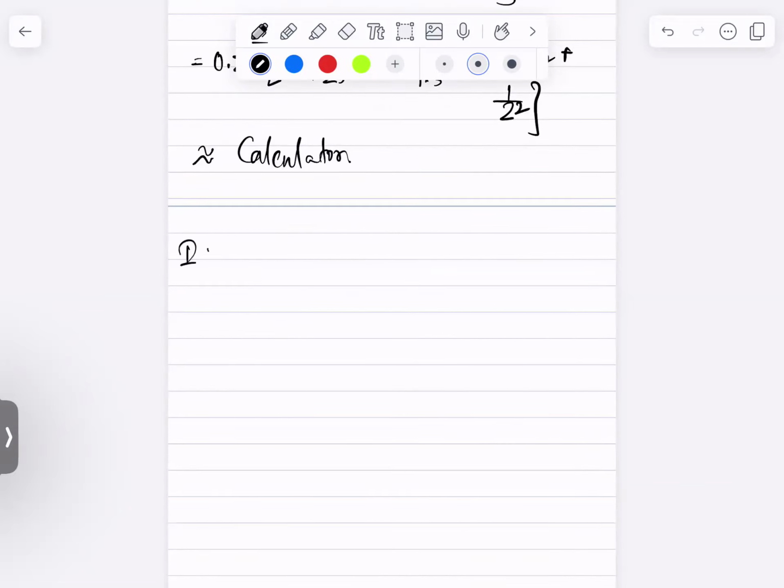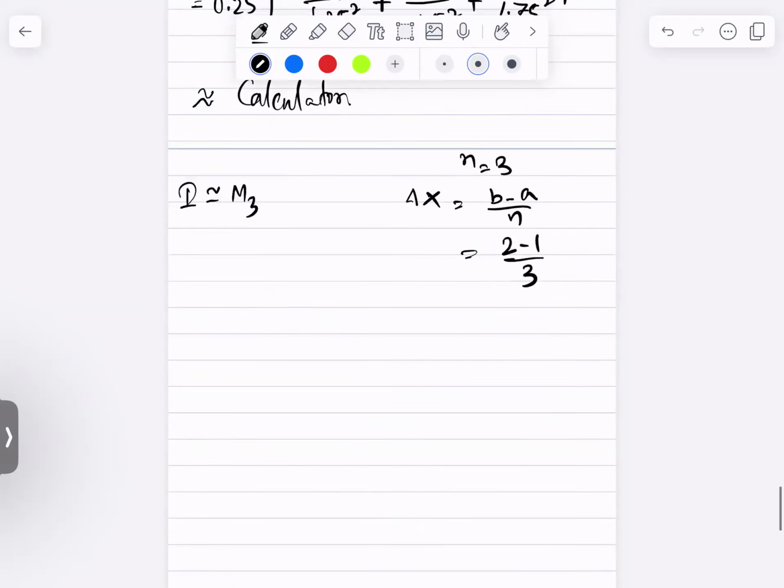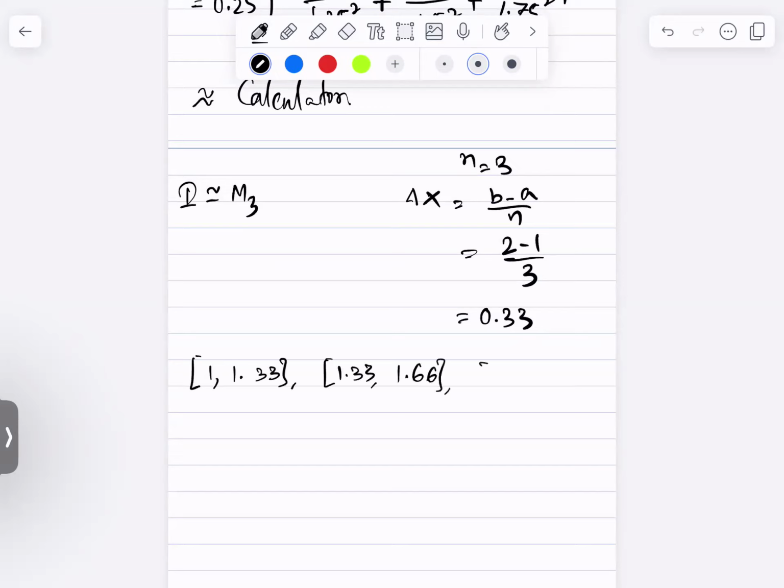For the midpoint rule, what you have to do is the same kind of thing, but here I have n to be 3. So b minus a over n will be 2 minus 1 over 3, right? Which is 0.33. Now my interval becomes 1 to 1.33, 1.33 to 1.66, and then 1.66 to 2.